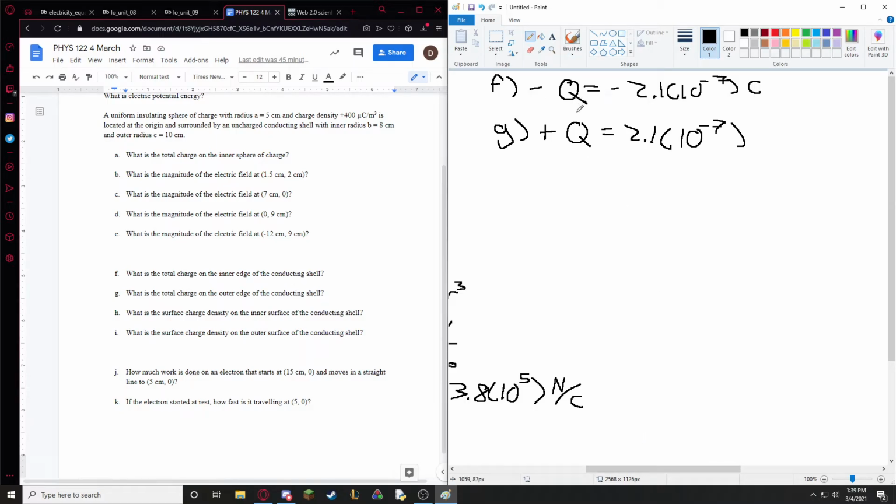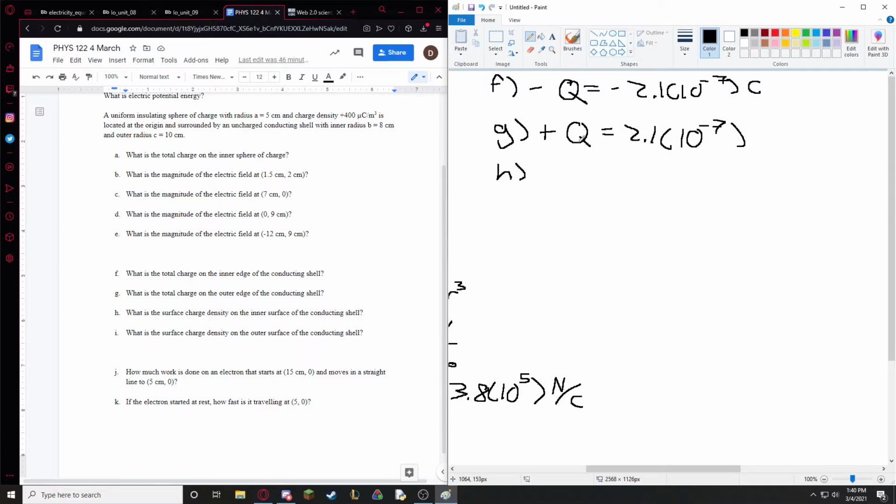We have our total charges. How do we go from total charge to charge density? We can just take the total charge and divide it by the area, which would be 4 pi r squared.